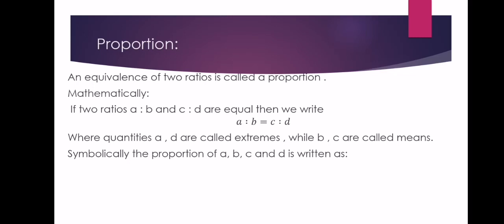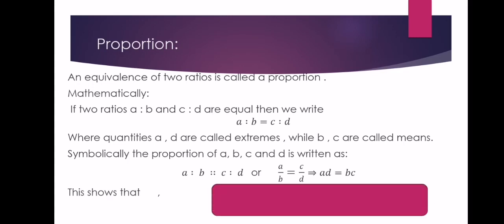Symbolically, the proportion of A, B, C and D is written as A ratio B, with the sign of proportion, C ratio D, or A by B is equal to C by D, which can be represented as AD is equal to BC by cross multiplication. This shows that the formula or the symbolic representation of proportion becomes product of extremes is equal to product of means.